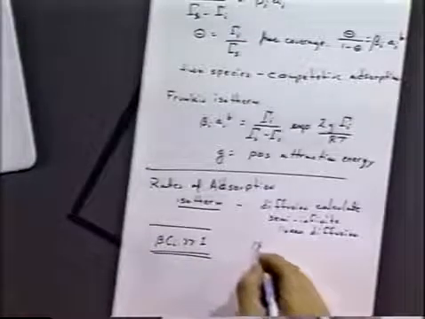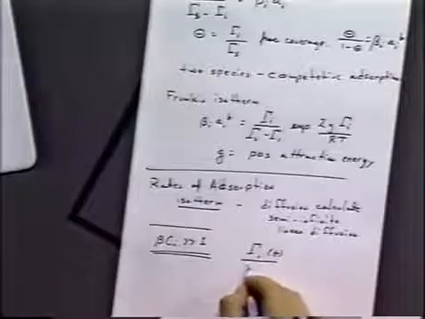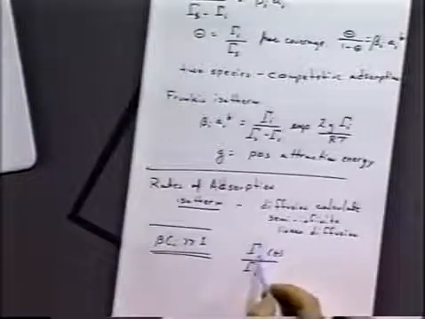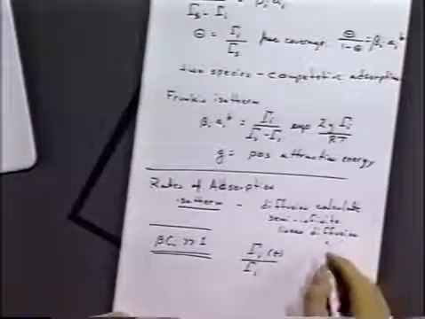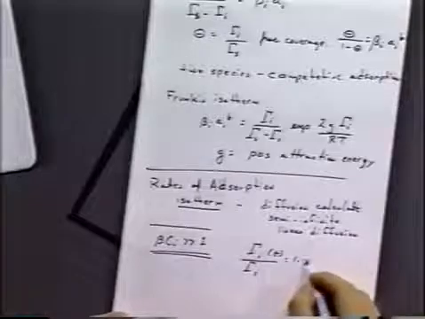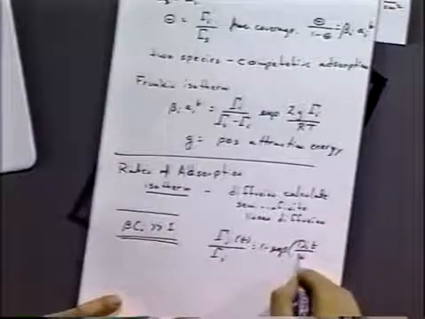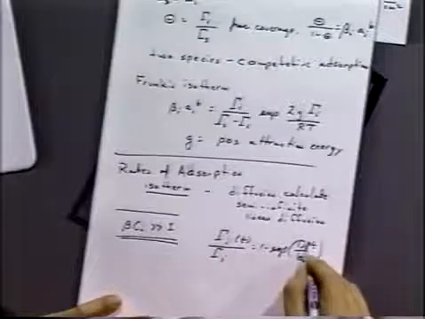In that particular case, the amount that is being adsorbed as a function of time over the amount that would adsorb at infinite time is equal to 1 minus exp, D sub i times t.